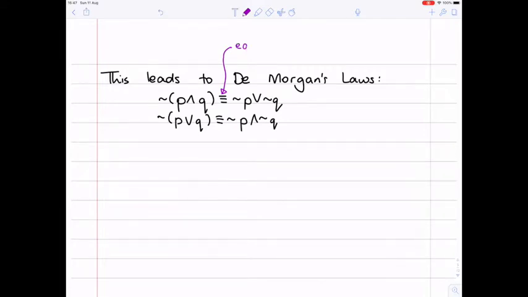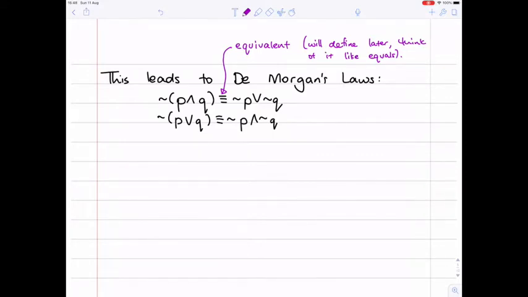This is equivalence or equivalent, and it works just like equals does in algebra, but we use equivalent or equivalence in logic, and we will define it a little bit later. For the moment, think of it like equals. We need a couple more definitions before we can actually define it officially.